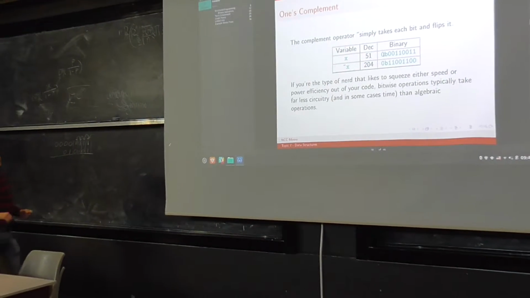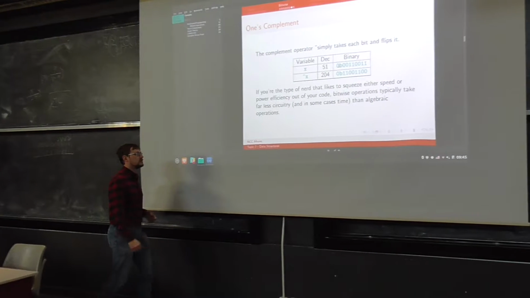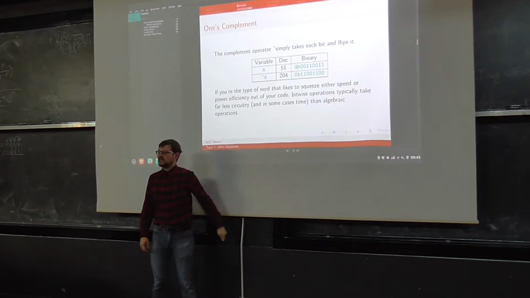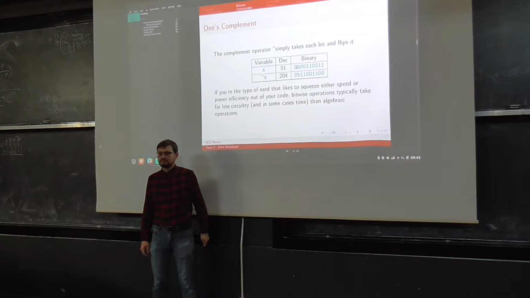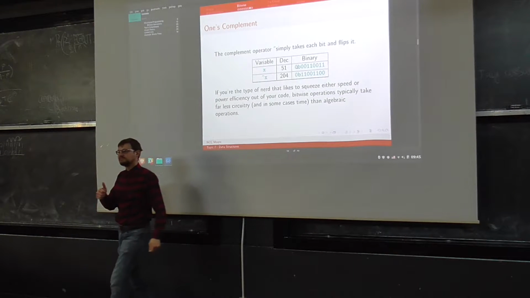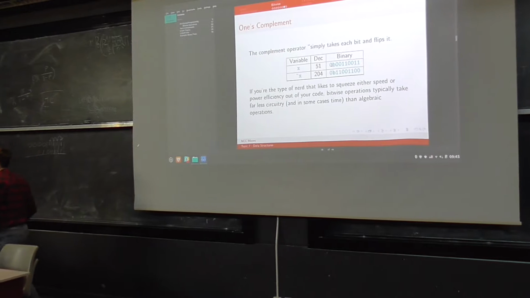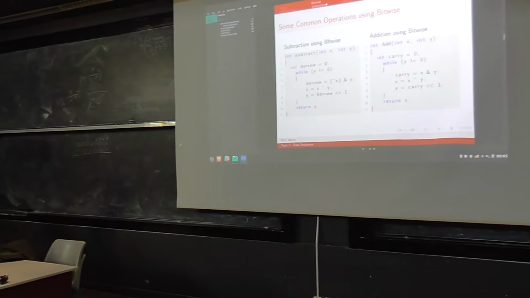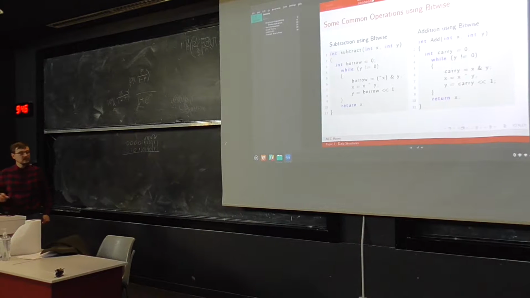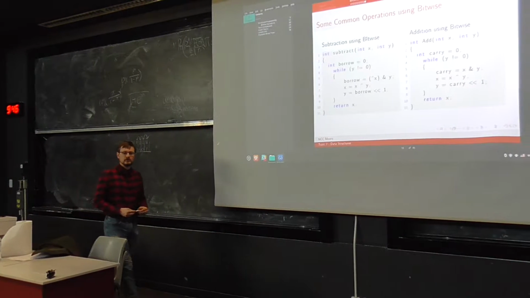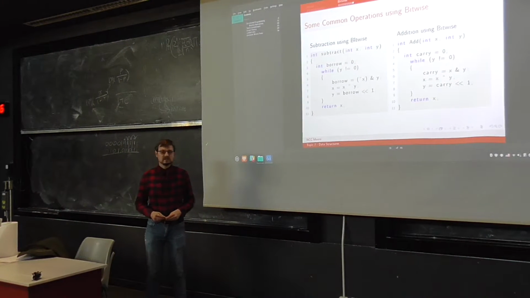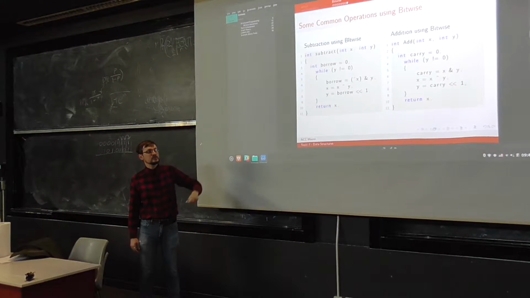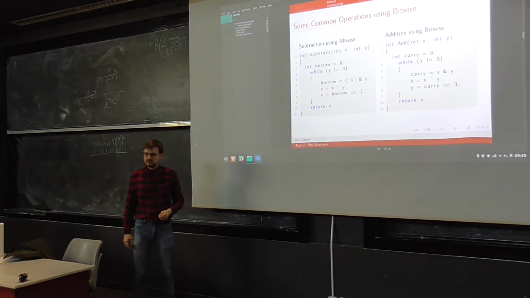1's complement is the easiest one. You literally just take each bit and apply a NOT gate. Enough said? Hopefully? Good. So, just to prove that you can do a lot of things with these, these are subtraction and addition using bitwise operations.